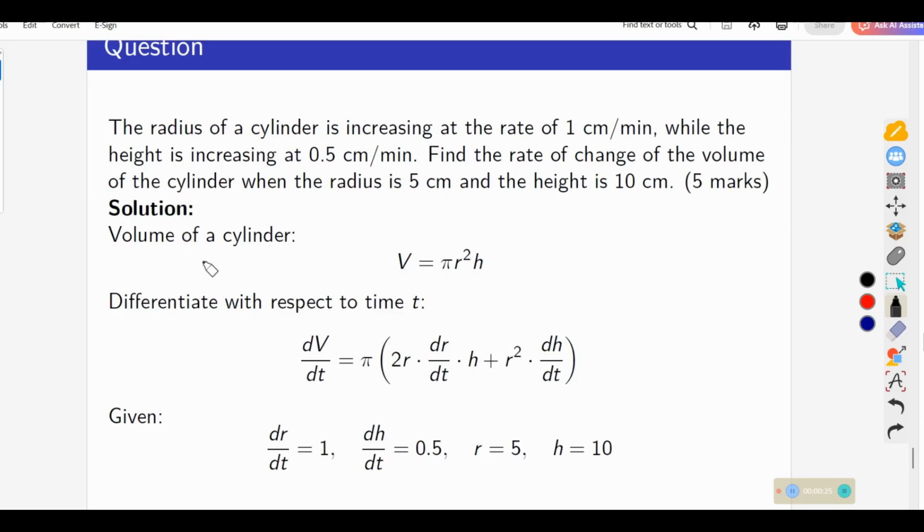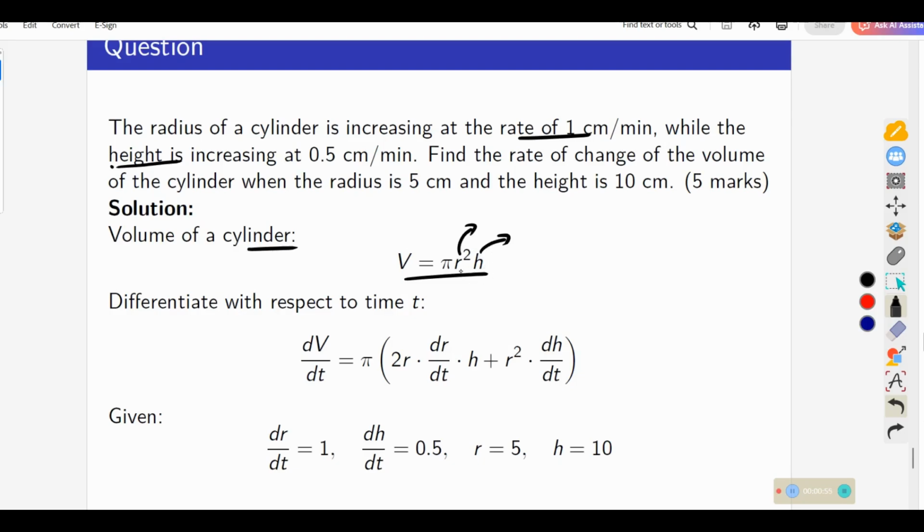We understand that the volume of a cylinder is given by V equals pi r squared h. But we realize that from the given information, the height and the radius are all changing with respect to time.